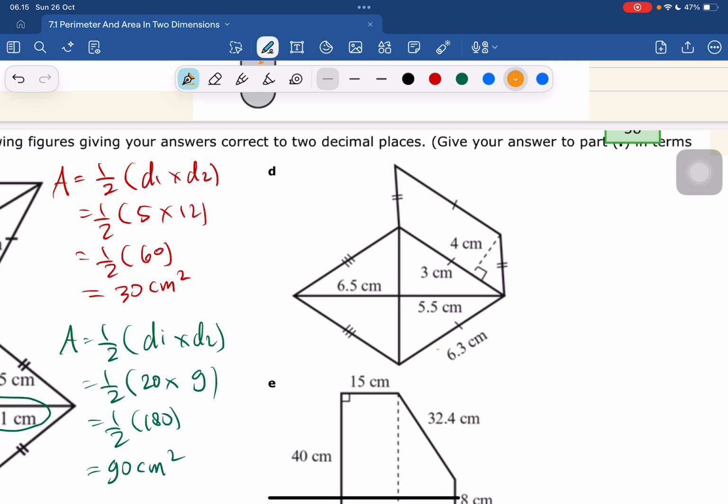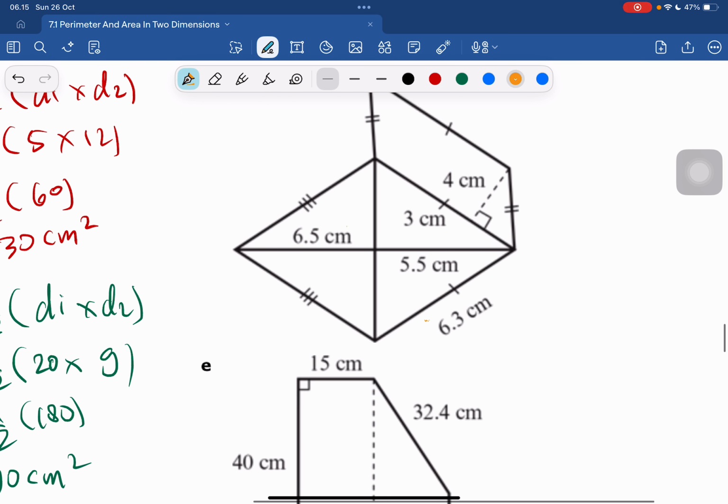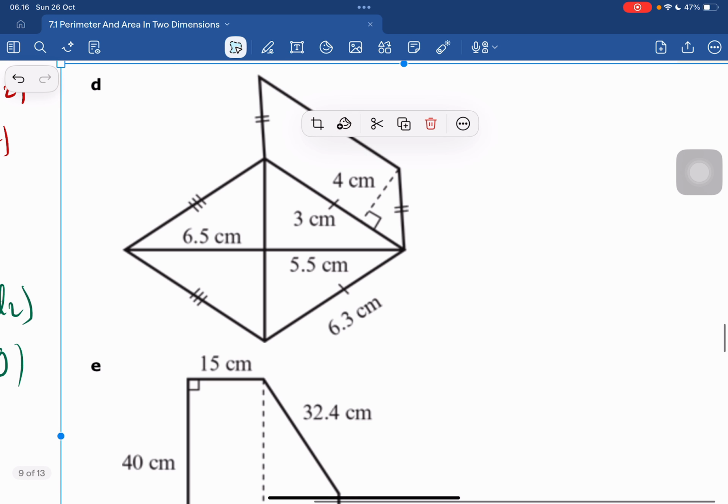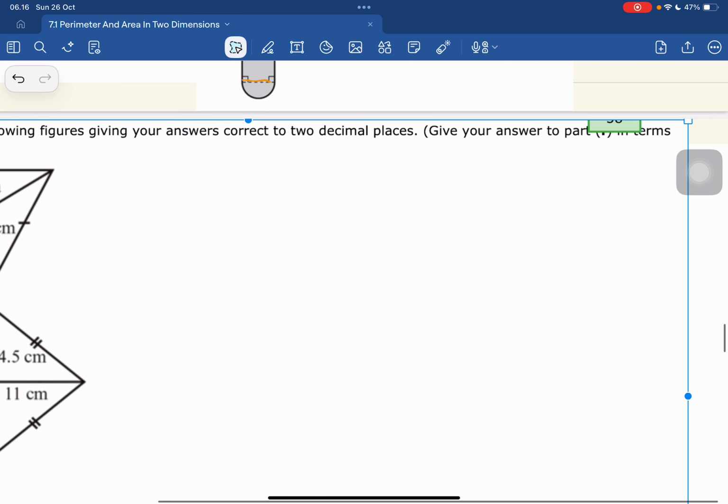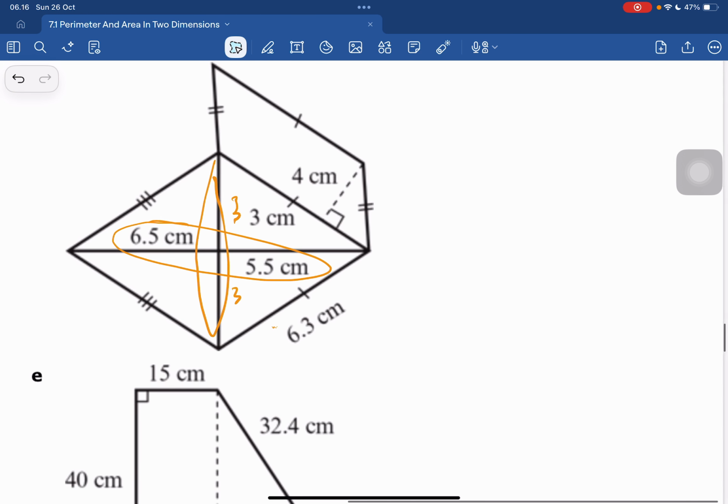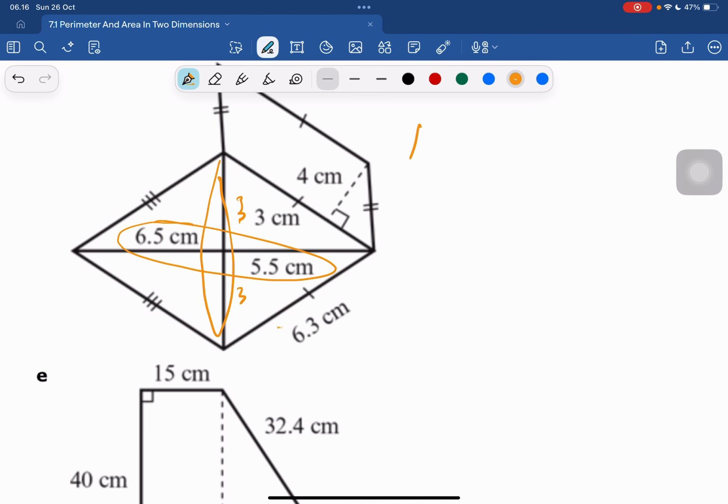Next, D. Okay, same as before, we got the first diagonal here and second diagonal. If this is 3, it's also gonna be 3. So let's find first the kite. 1 over 2 first diagonal times second diagonal. So 1 over 2 of 6.5 and 5.5 is 12, and 3 is 6.